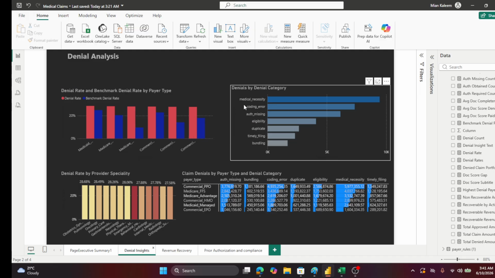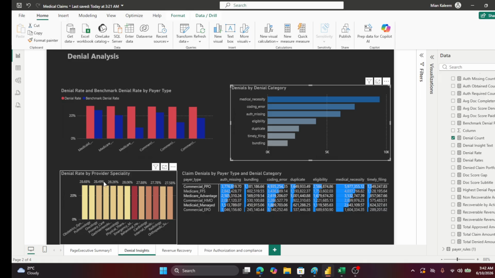Then denial by denial category. So why were the claims denied? Medical necessity, coding error, authorization missing, eligibility, duplicate, timely filing, bundling. These are some domain-related terms, but basically we are looking at how we extract the information for the denial analysis.